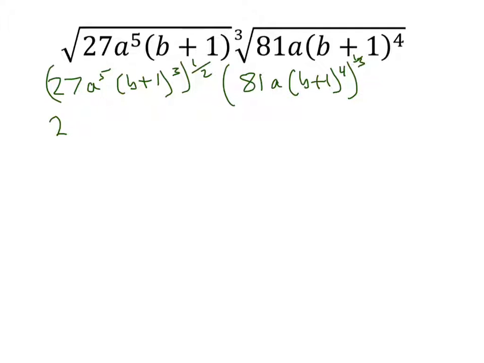We've got 27 to the 1/2 power. We've got a to the 5/2. We've got b plus 1 to the 3/2. We've got 81, so times, let's get that out there. Let's just go times 81 to the 1/3.